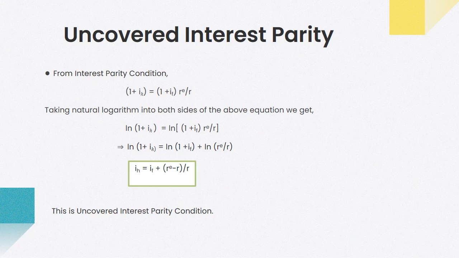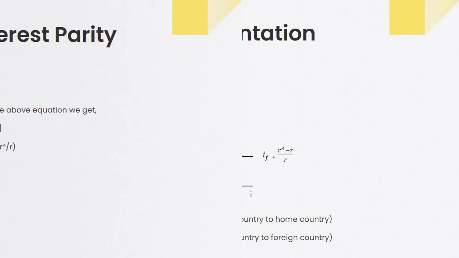So if we take logarithm on both sides of this equation and solve this equation, we find IH is equal to IF plus (RE minus R) by R. This equation is uncovered interest parity condition, where the domestic interest rate equals the foreign interest rate plus the expected variation in the exchange rate.